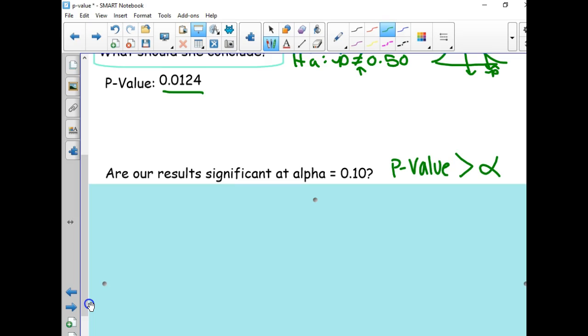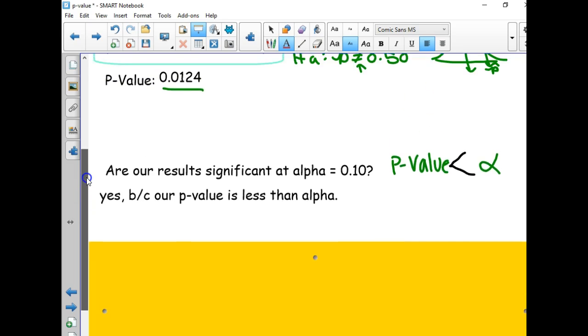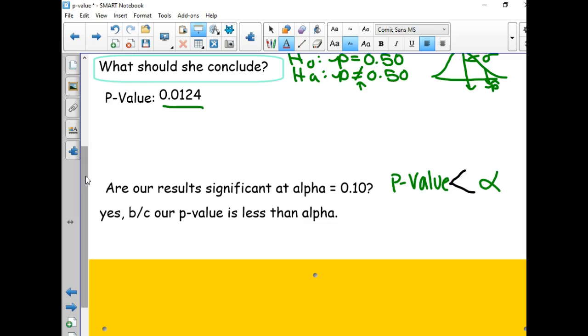So what does that mean? All right, so what we just said, and I made a little mistake there, I'm sorry. We compared our p-value to 0.10, and it's less than alpha. So again, we say, yeah, we have significant results here. There's something to this. What does that mean? We have evidence for our HA.